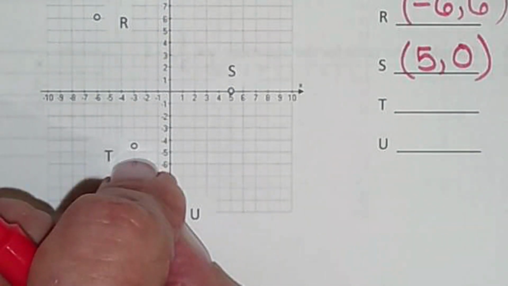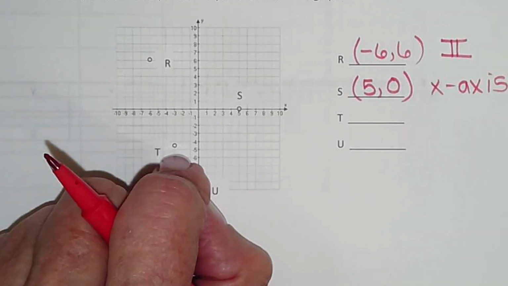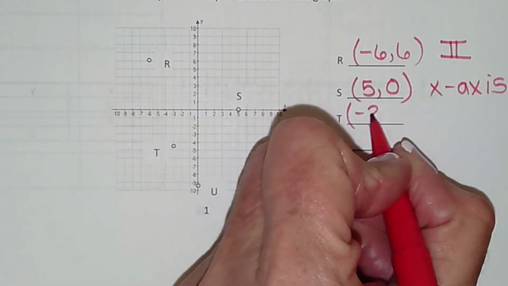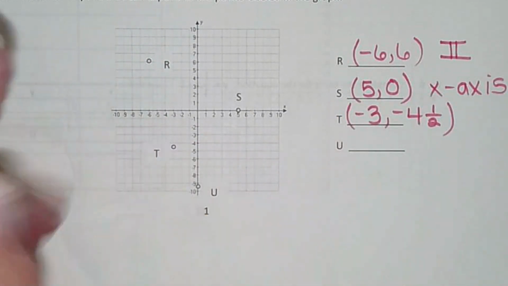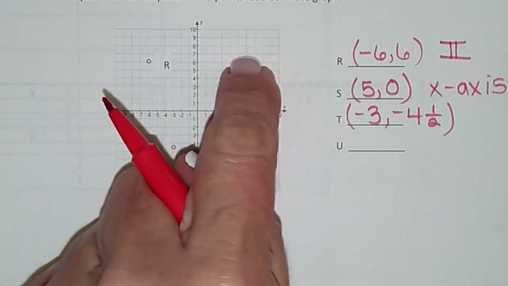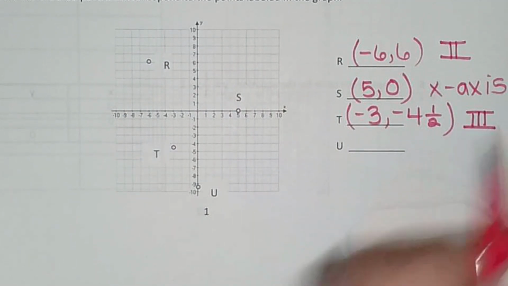So x is -3, y is -4.5. So (-3, -4.5), and that would be in quadrant 3.